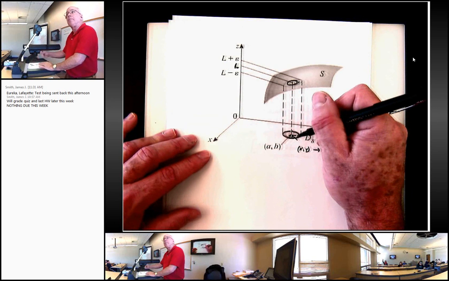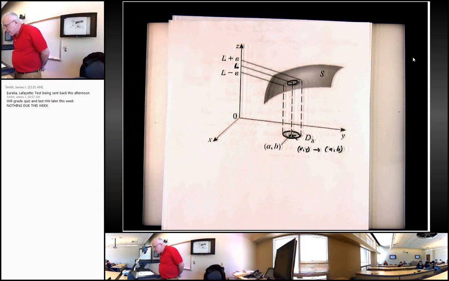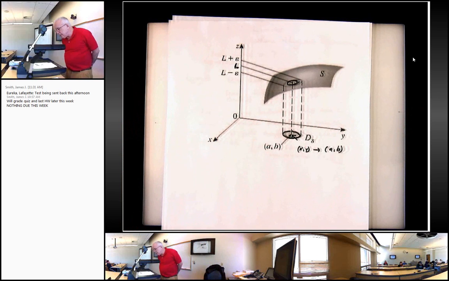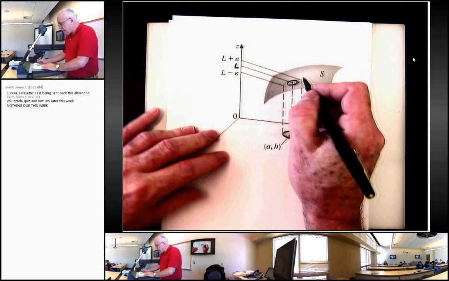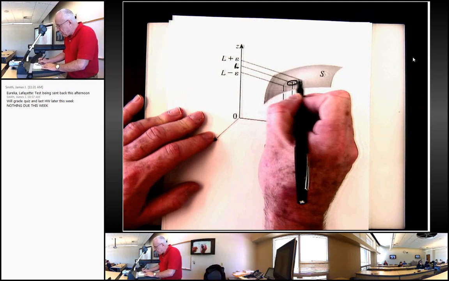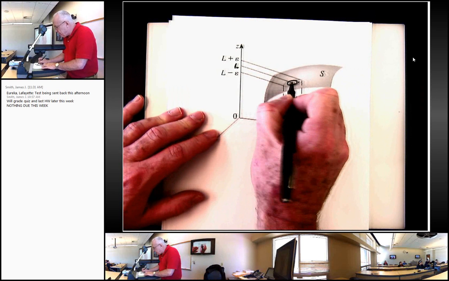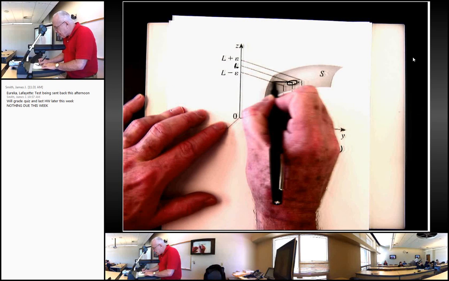Yeah? Do you always take a sphere out, no matter what the shape is? No, it's not. Basically, and actually with that I really misspoke. It's really an interval here. What we're talking about here is, this is our L value. So that's really a value on the z-axis.